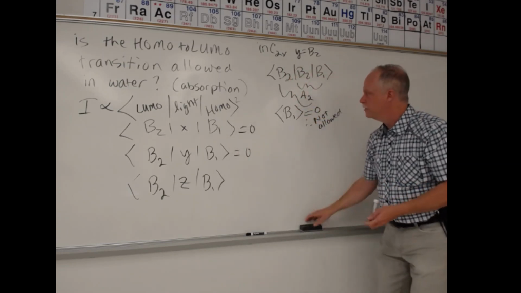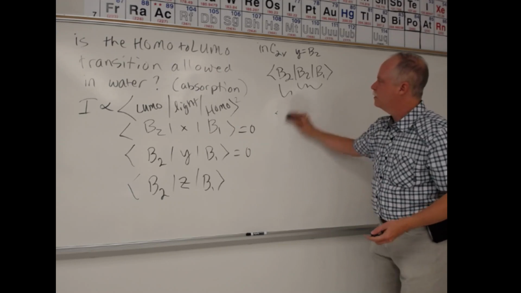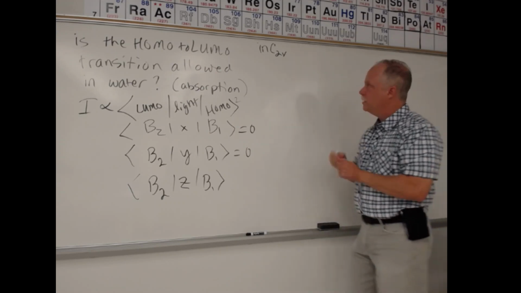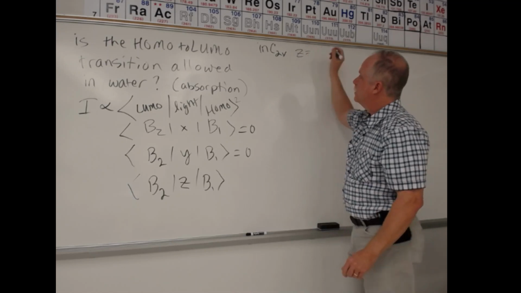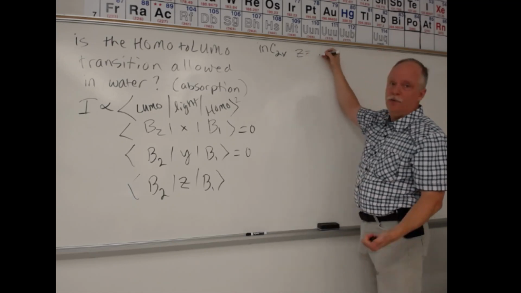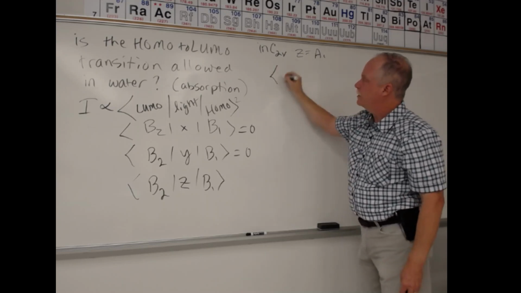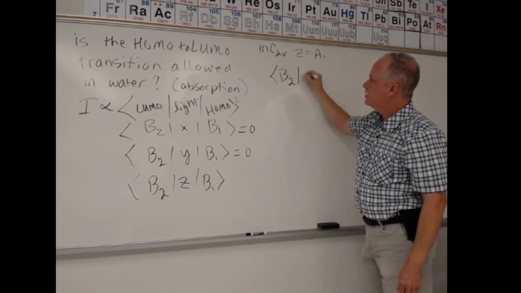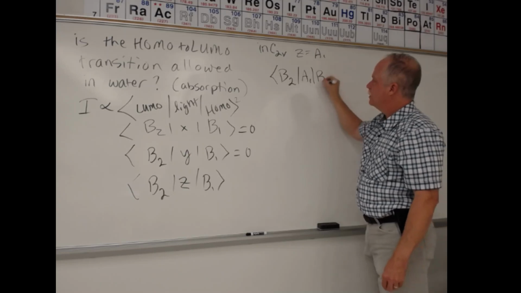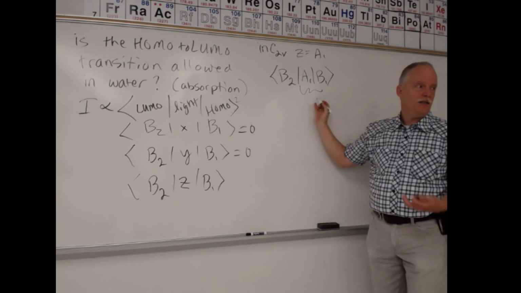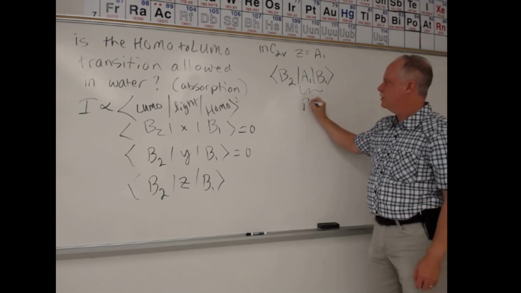One more to go. Z is equal to A1. Now remember that one because it's top row. So then we have this integral B2 times A1 times B1. So anything times A1 is itself. So B1 times A1 is B1.